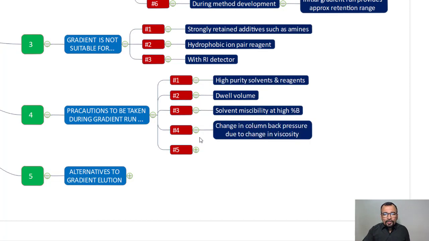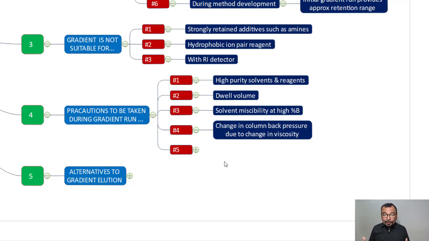The fourth important point is change in column back pressure due to change in viscosity. So you are making changes to the mobile phases, right? And because of that your viscosity may change. Very specifically, methanol is highly viscous as compared to ACN, so you can experience an increase in back pressure if your organic solvent is methanol.